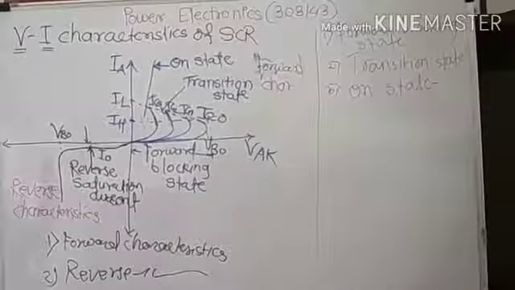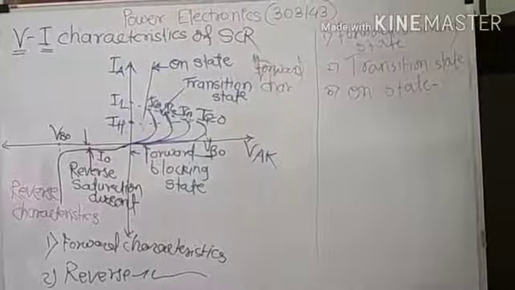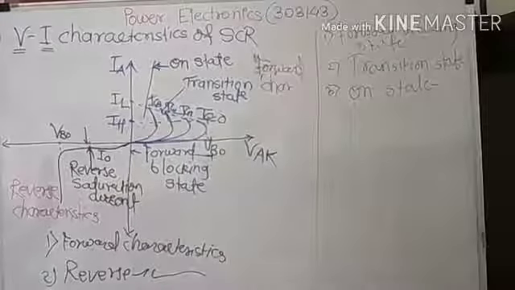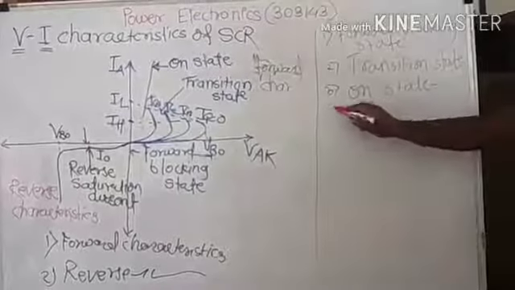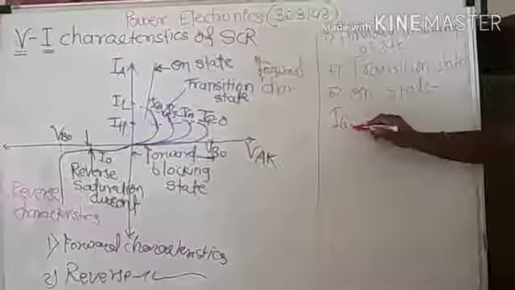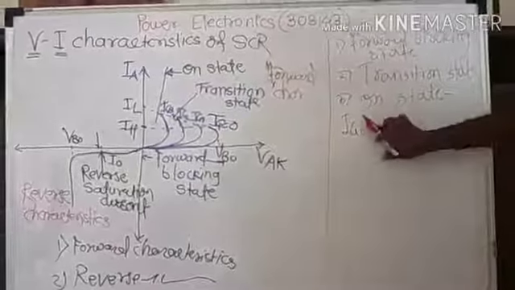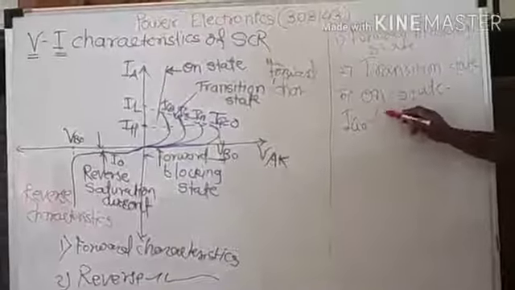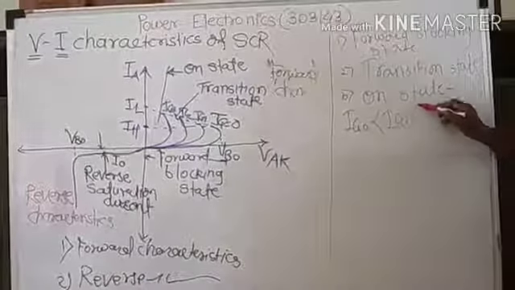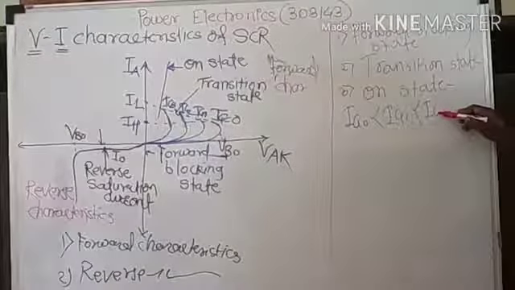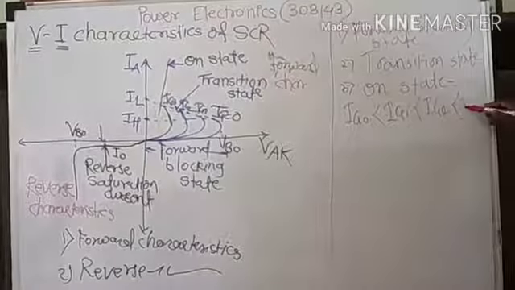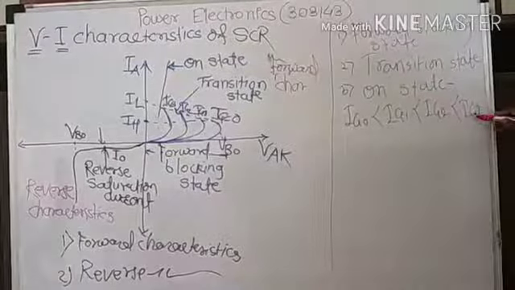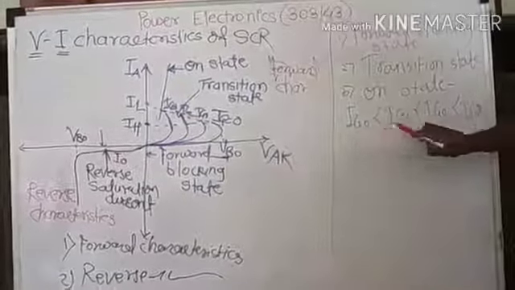And the next point is, here we apply the gate pulse. I can say that IG0, meaning no gate pulse, is always less than IG1, which is less than IG2, which is less than IG3. What can I say from this?